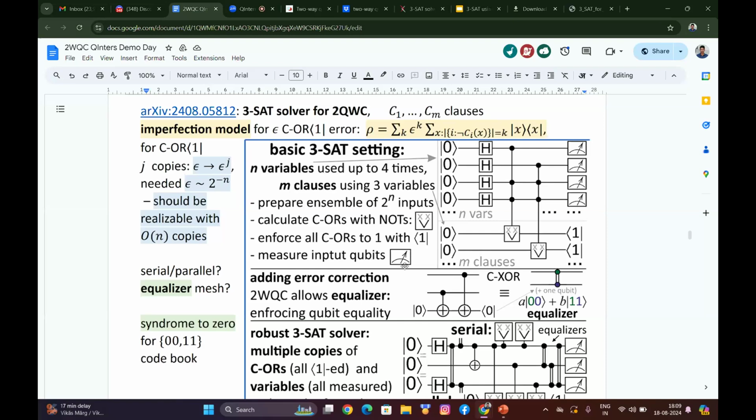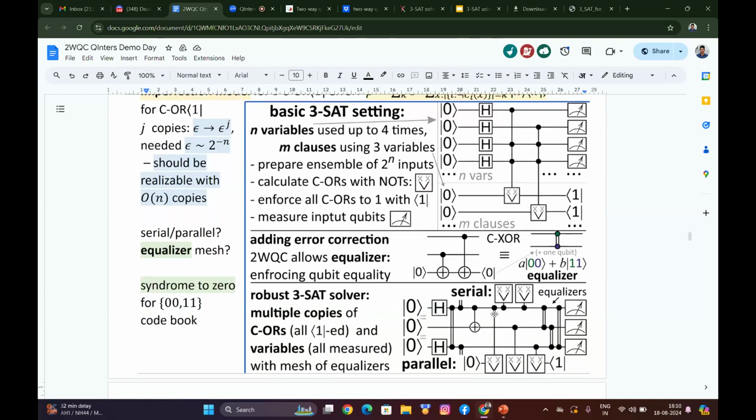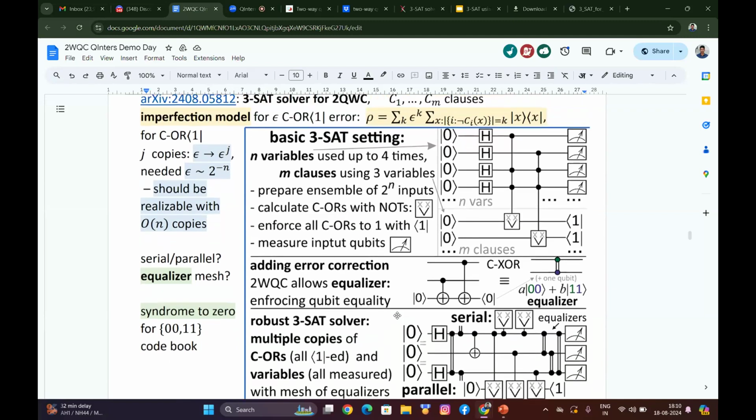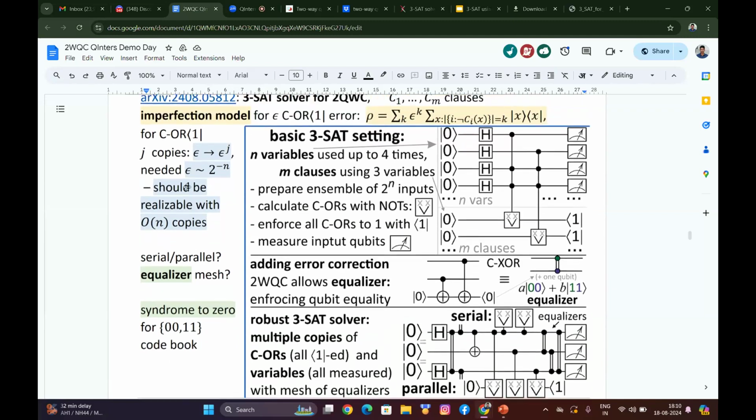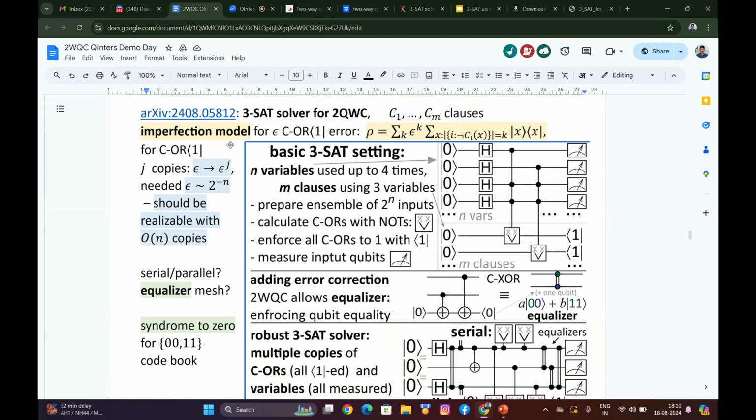We then measure and get the results as expected, but we have to minimize the errors and keep the circuit in serial and parallel configurations like this. The imperfection model helps us reduce the error further, and it scales exponentially for N copies.